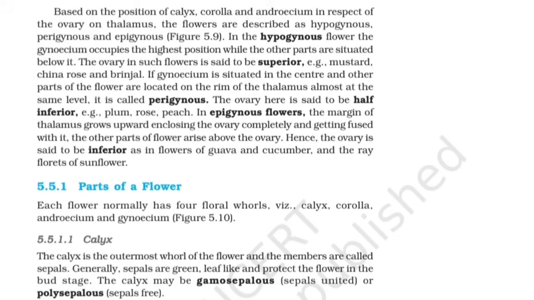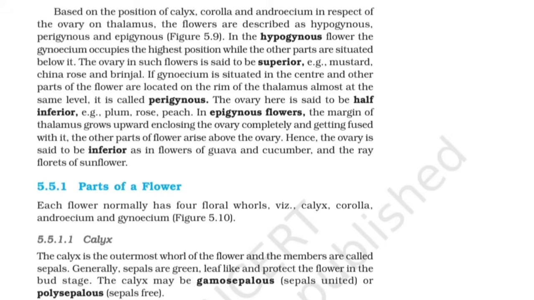In epigynous flowers, the margin of thalamus grows upward, enclosing the ovary completely and getting fused with it. The other parts of flower arise above the ovary. Hence, the ovary is said to be inferior, as in flowers of guava and cucumber, and the ray florets of sunflower. Parts of a flower.